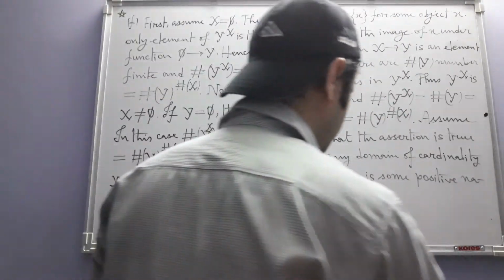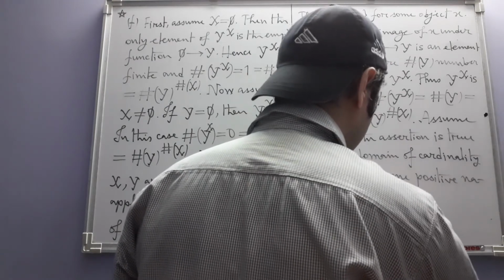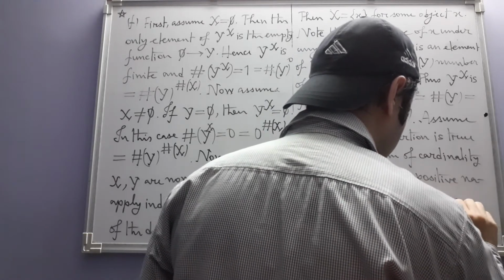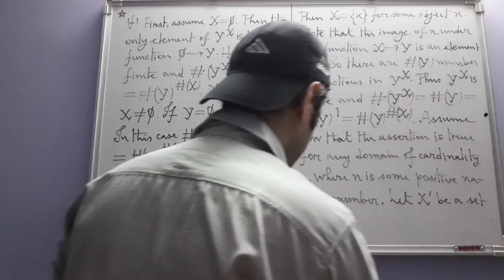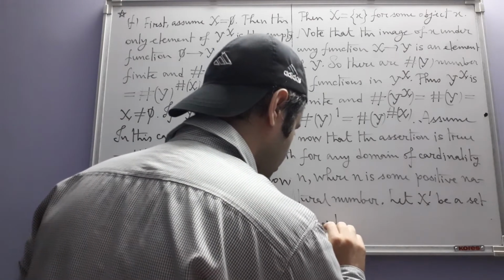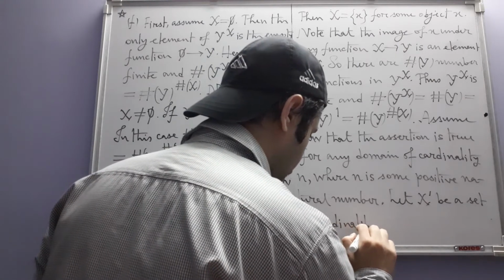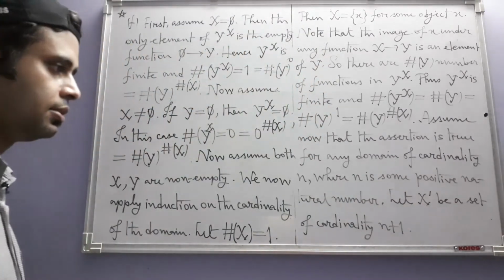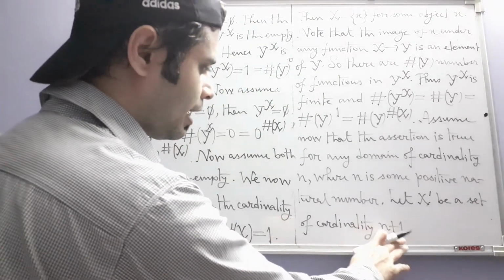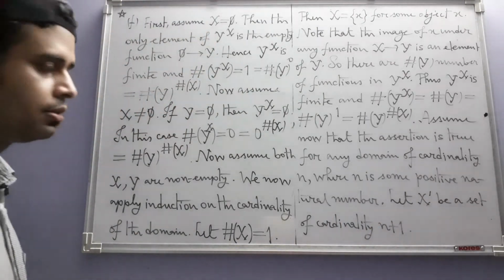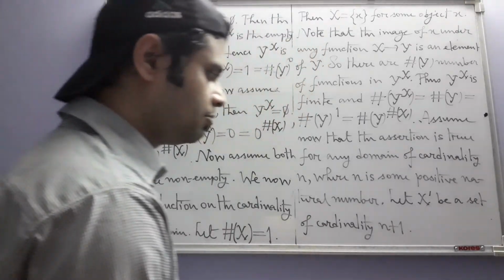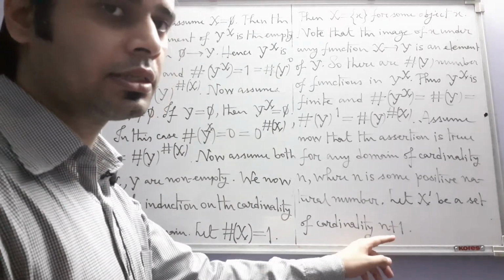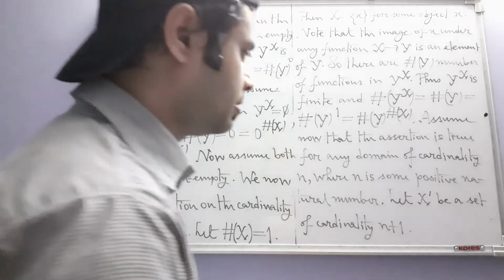Now we have to prove the induction step. Let x prime be a set of cardinality n plus 1. Since it has cardinality at least 1, it is non-empty, it will have an element, and if you remove that element from this set, then the cardinality of the resulting set will be n. All of these are coming from lemma 369.